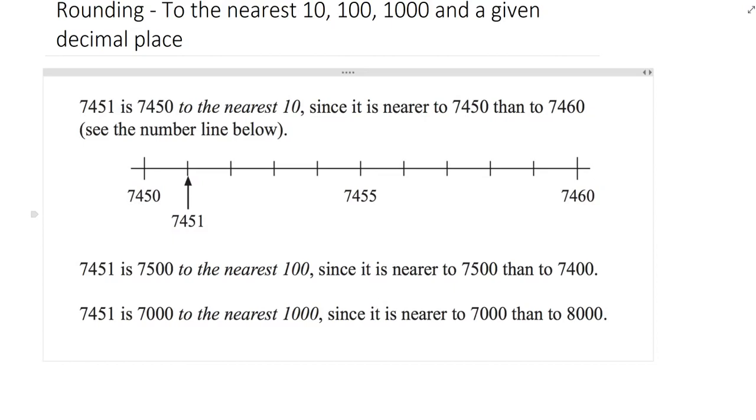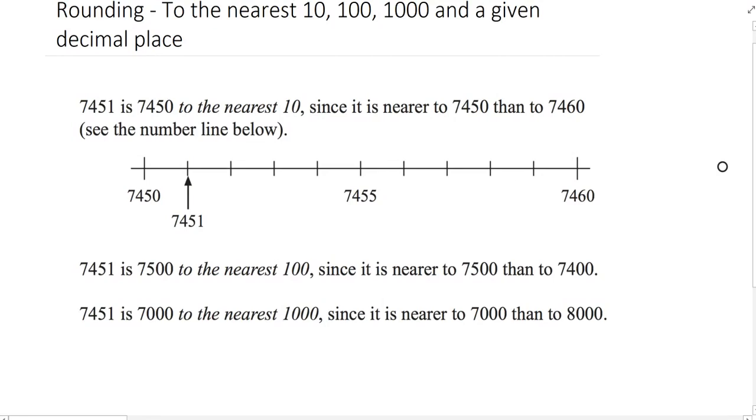let's take the value of 7,451, and think about it on this number line that you can see in front of you. Now, if I'm asked to round it to the nearest 10, what I'm really saying is, well, what is it nearest to? Is it nearest to the 10 to the left, or is it nearest to the 10 in the right? So we've got a clear choice.